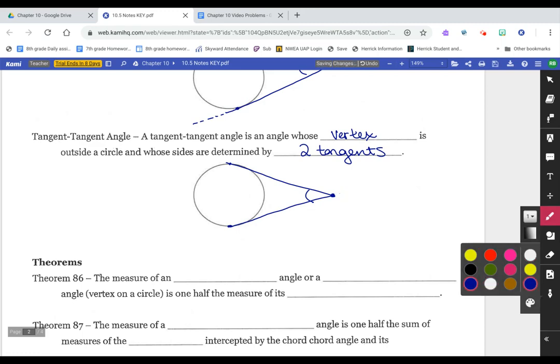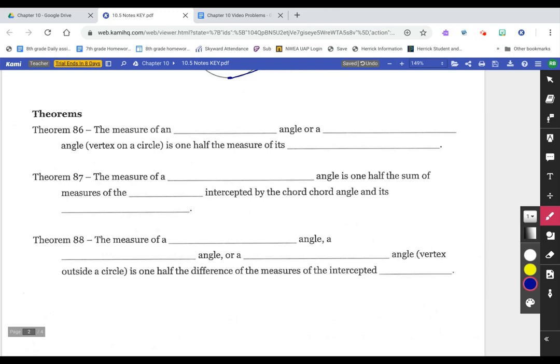Okay. Now, let's talk about the theorems and how we determine the measurements of these types of angles, because there are specific rules. So the measure of an inscribed angle or a tangent chord angle is, and realize that these have a vertex on the circle.